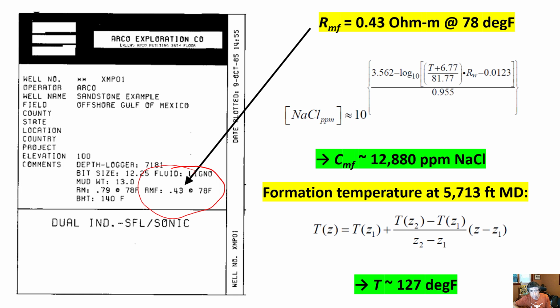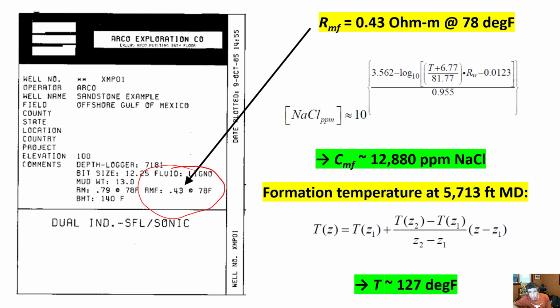We also know what type of mud filtrate we have, and this is something that we need to confirm by experimental laboratory work, but in this calculation I'm going to make the assumption that the dominant cations and anions are sodium and chlorine.